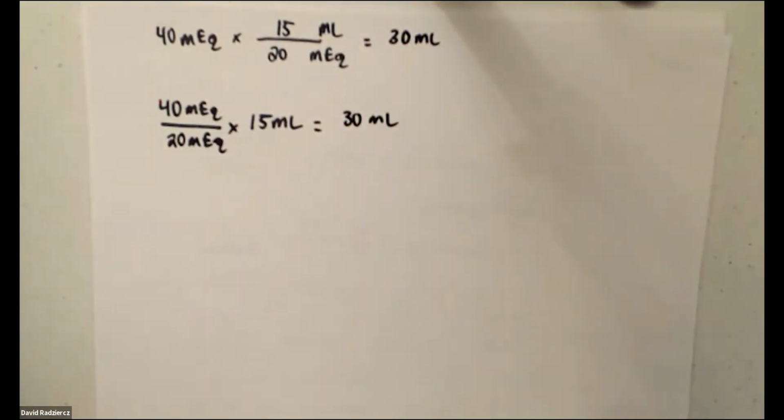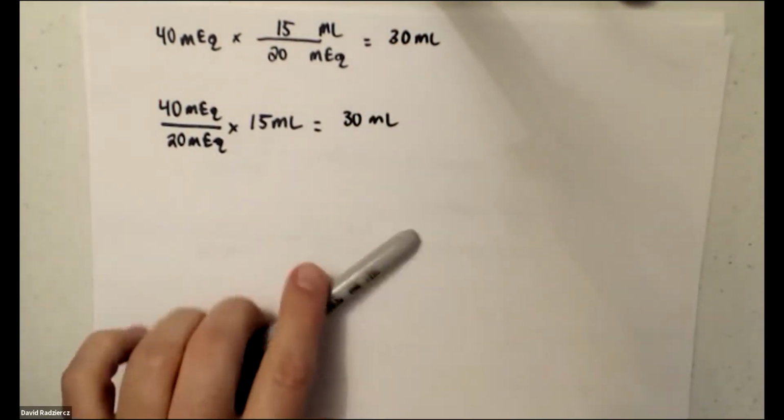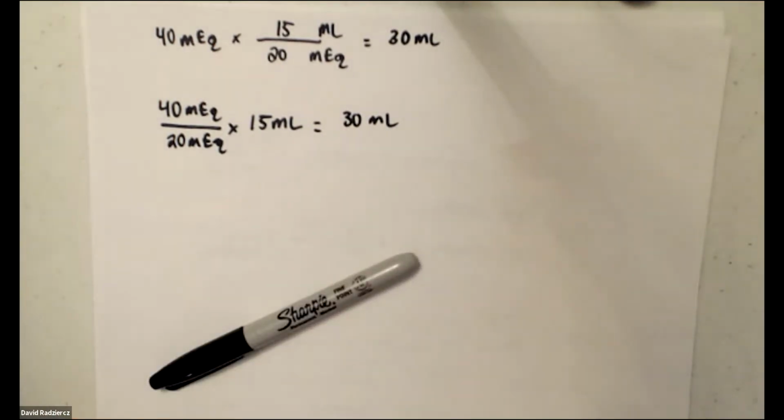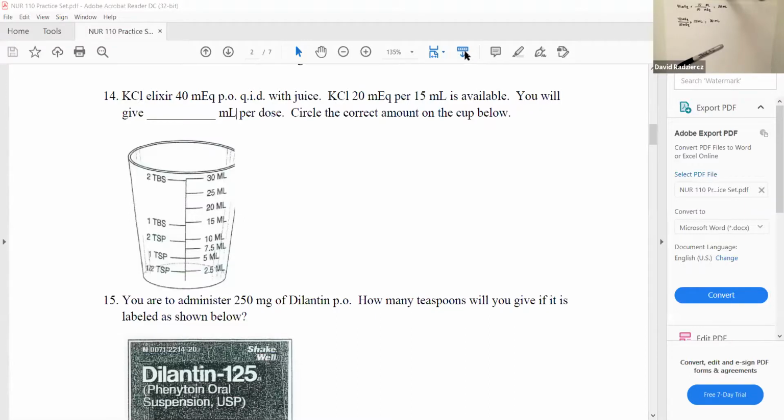And then you would just want to make sure you mark your syringe. So I'm going to see if I can do that here to show you how I would mark the syringe. I can annotate. I'd either just mark it here, or I would circle the 30 mL just so we know where we're at.